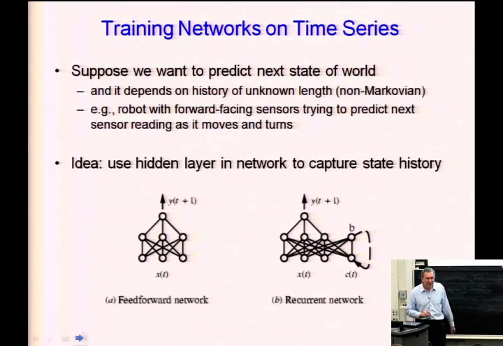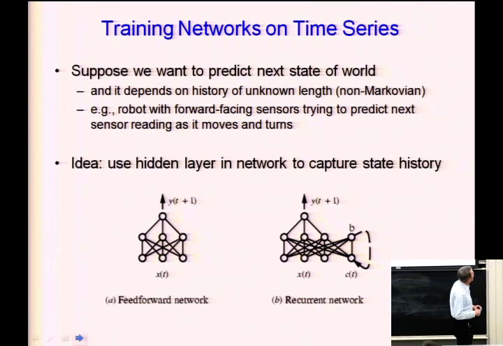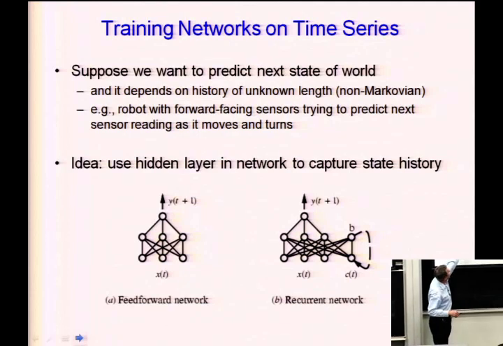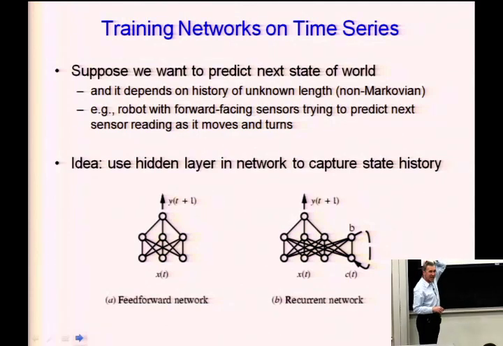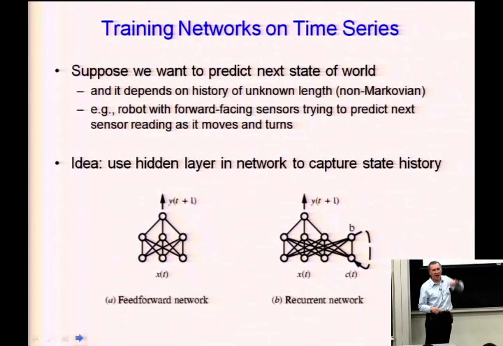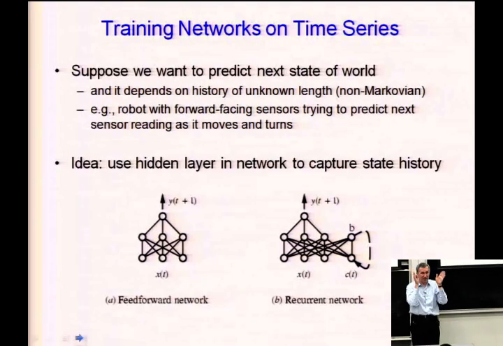So one interesting idea that people have played around with is to change the structure of the neural network. Let's train a network to predict what things are going to look like at time t plus 1, given the input at time t, which might be what I currently perceive plus the action I'm about to do.